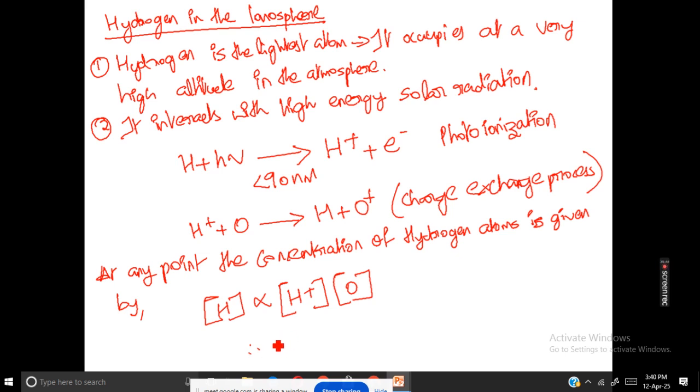Therefore, we want to find the concentration of hydrogen ions. It is given as the concentration of hydrogen atoms by the concentration of oxygen atoms.